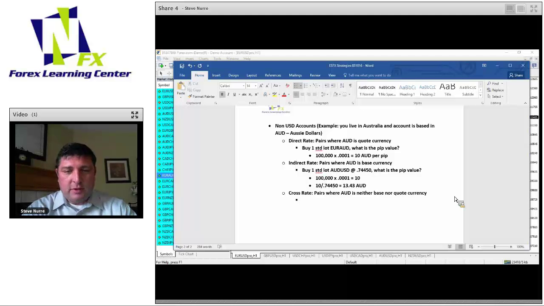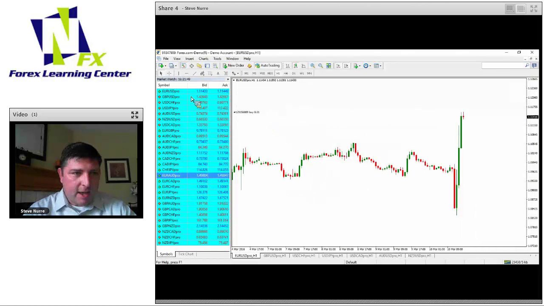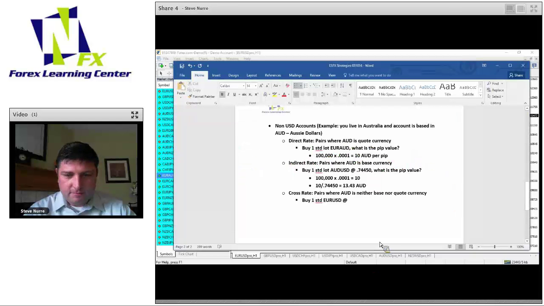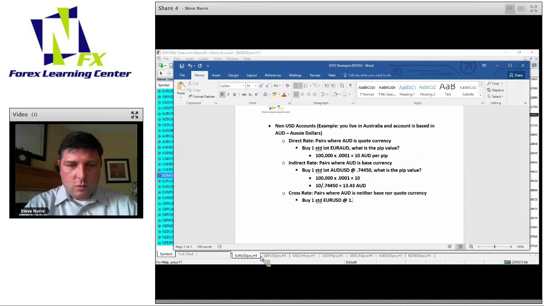Another example of this would be, like if I buy, it should come out the same, but I'll do it anyway. If you were to buy one standard lot of Euro USD at $1.11464, what is the pip value?